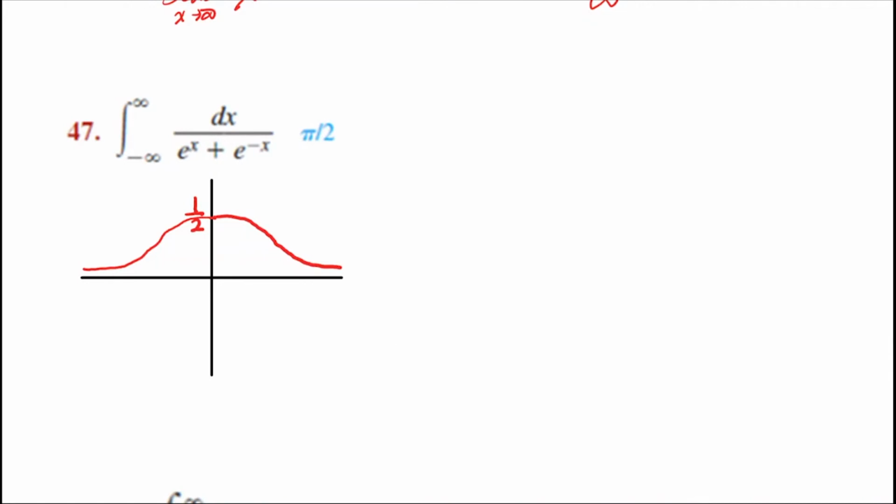So this is equal to 2, from 0 to infinity. And then the other trick I'm going to do is multiply by e to the x here, here, and here. Let's see what happens.